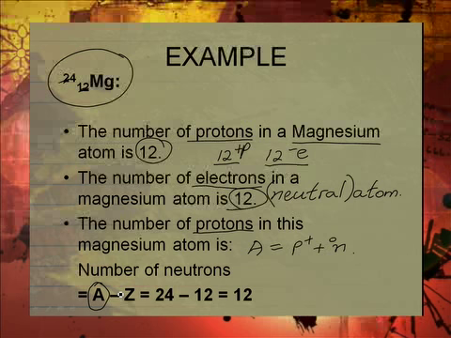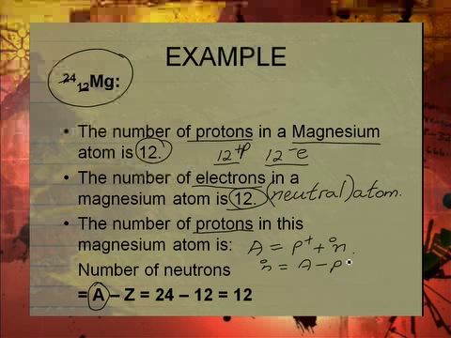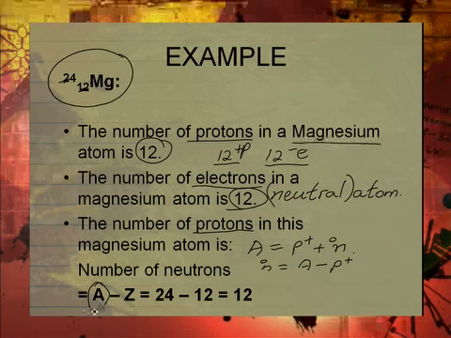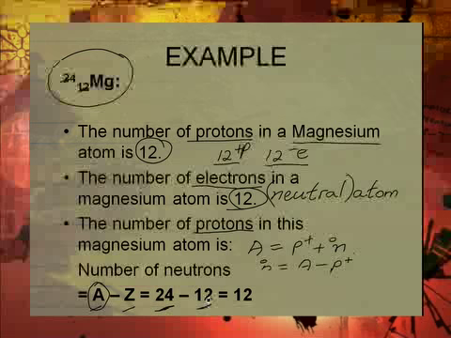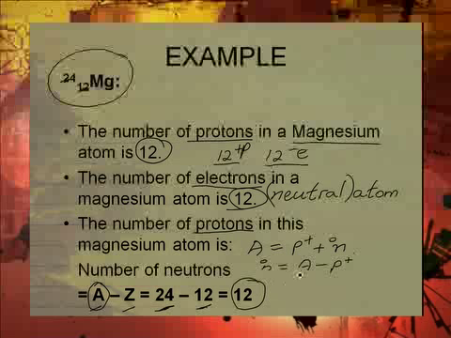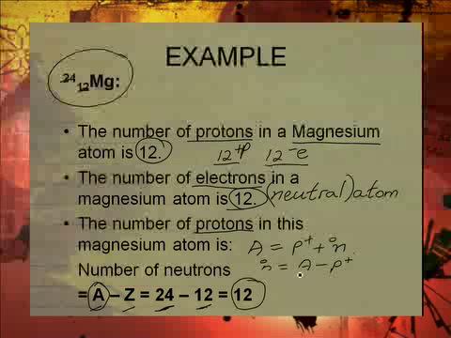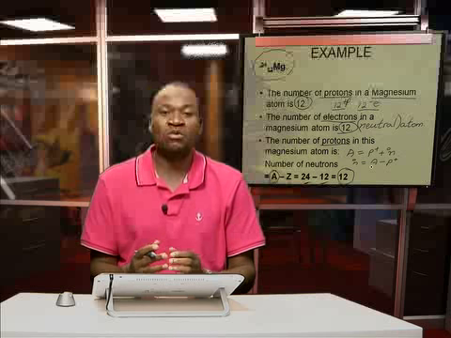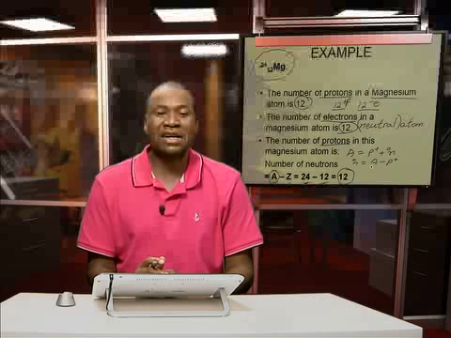So that will mean that the number of neutrons should be equal to A minus the number of protons, which is A minus Z. A is 24, Z is 12, and we find the number of neutrons to be 12 as well. So in this specific case, we've got 12 protons, 12 electrons, and also 12 neutrons for magnesium. But it isn't always the case. We can have a situation where the number of neutrons is not necessarily the same as the number of protons.